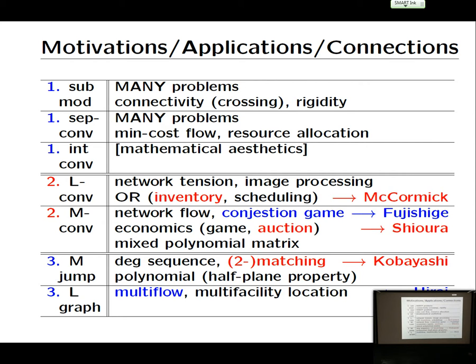Or there's another paper from Blendon, which connects this combinatorial concept to the algebraic notion of half-plane property of multivariate polynomial. Or finally, the L-convex function on graph is introduced by Hirai to solve the problem in multi-flow or multi-facility locations.